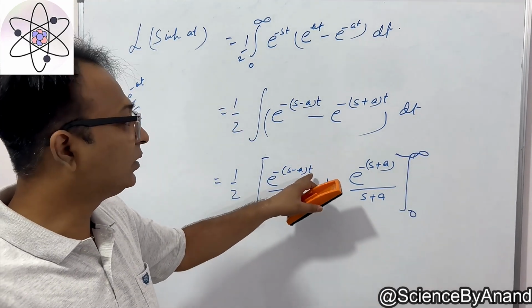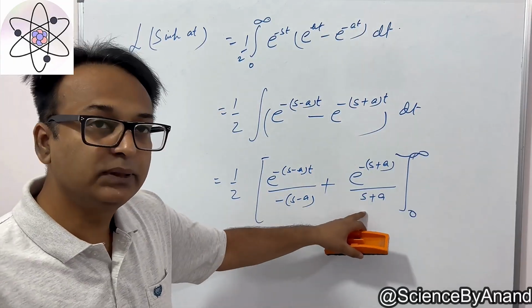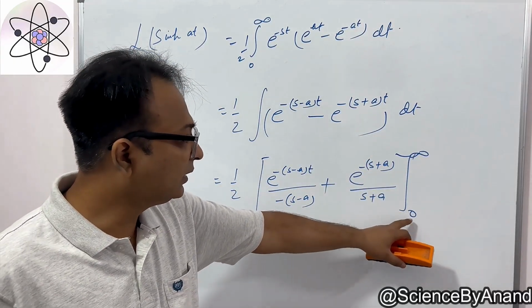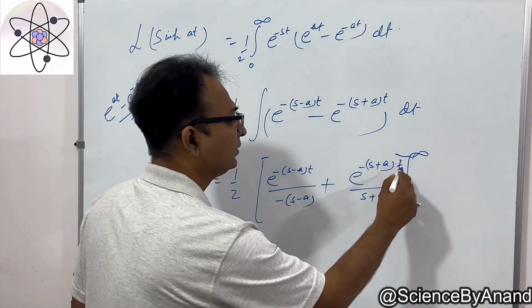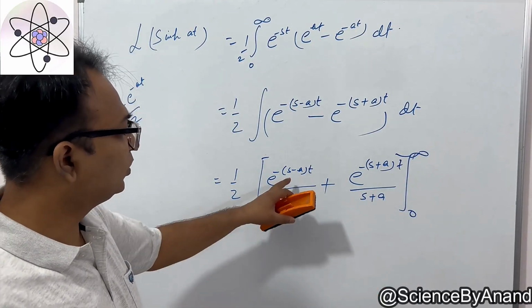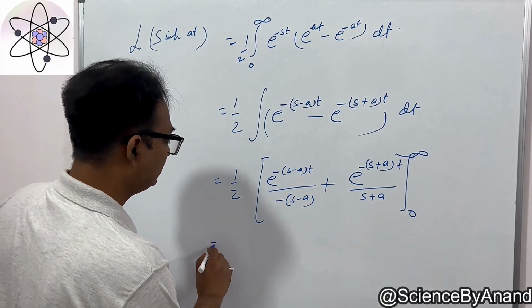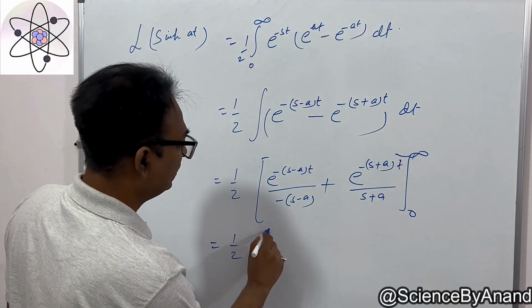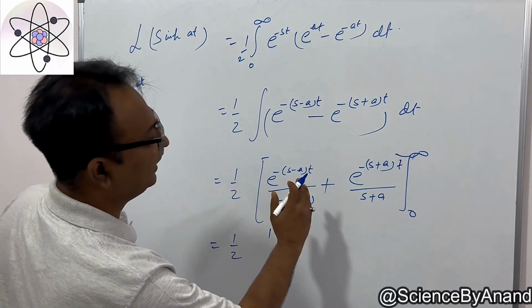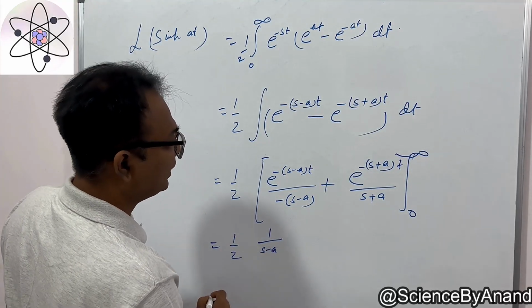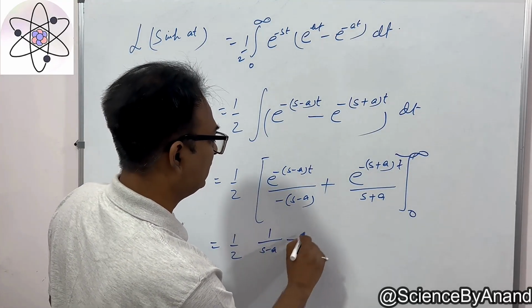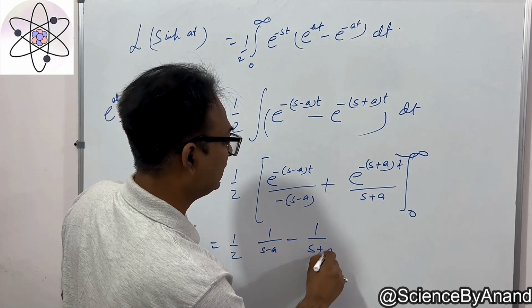When we put t equal to infinity, this will be 0, this will be 0. When we put t equal to 0, these two terms will be 1. So this is 1 by s minus a, and this is in minus, so this will be plus, that is, minus 1 by s plus a.